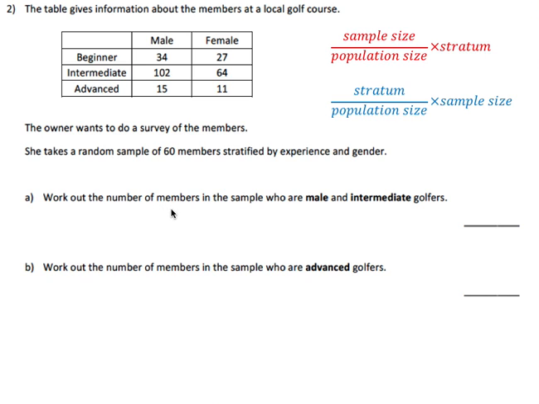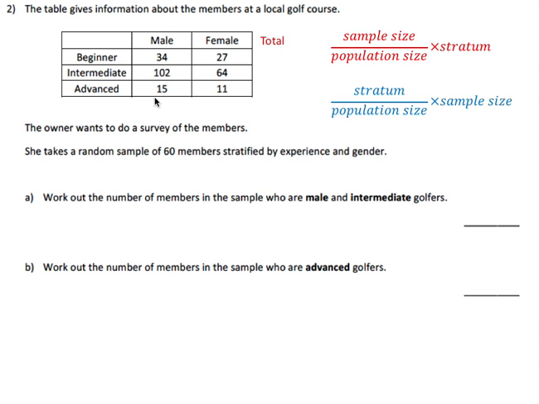Part A says work out the number of members in the sample who are male and intermediate golfers. So, in our sample, yes, before we do that we need to work out the population size. So we need to know the total number of people in the golf club as a whole.